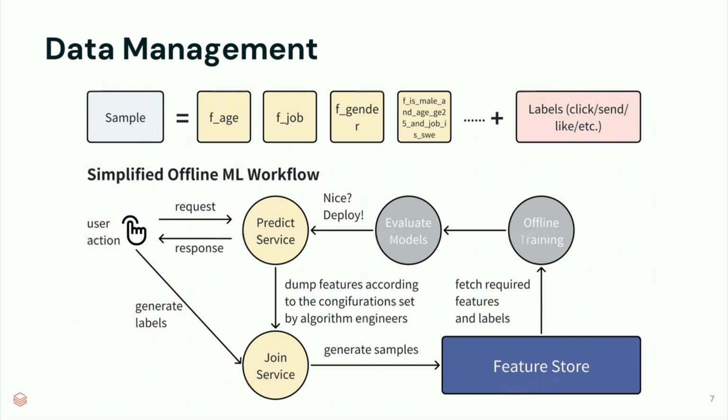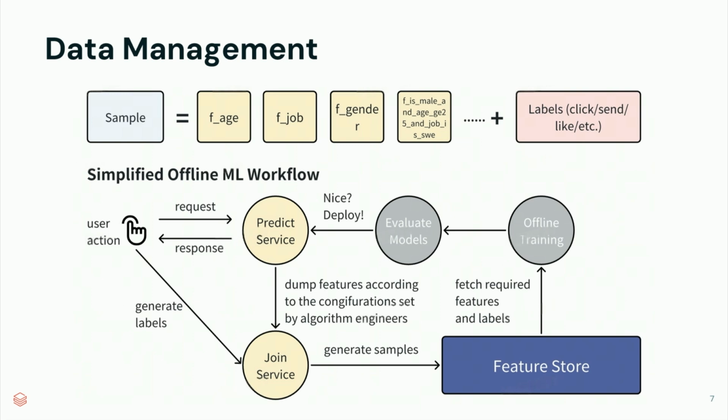The predict service will also dump the required features for this user according to the configurations set by algorithm engineers. Then a join service will join the labels and the features to produce a training sample, and finally write it into the feature store.